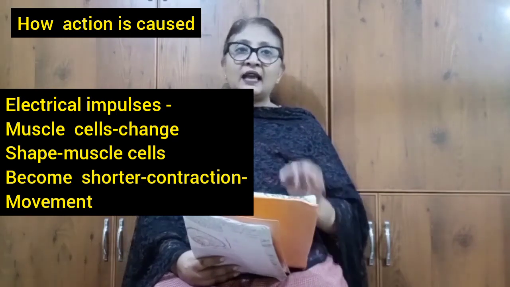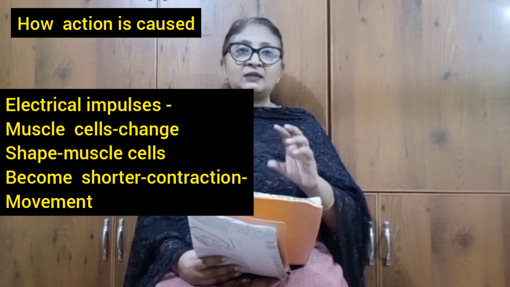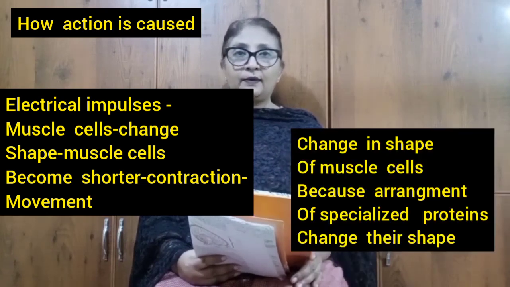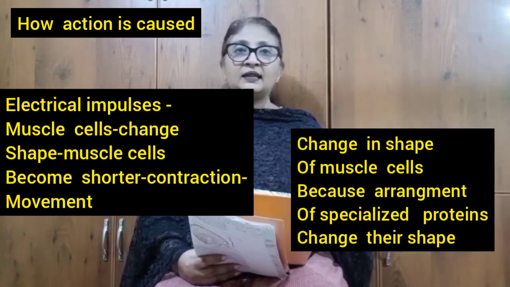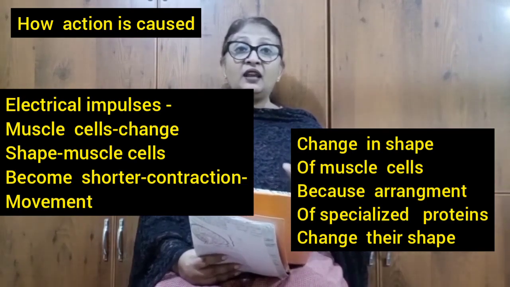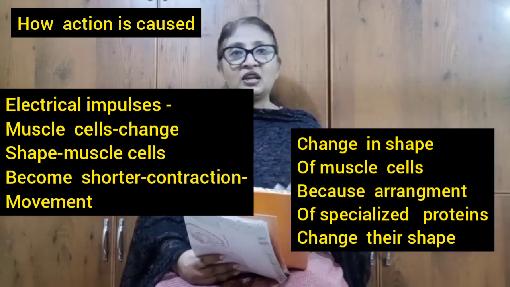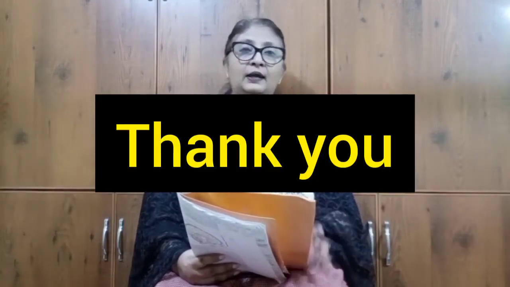So, as soon as they receive the electrical impulses, these specialized proteins change their shape. When they change their shape, it results in the shortening of the muscle cells. Thus, action is completed. With that, we have completed today's topic.